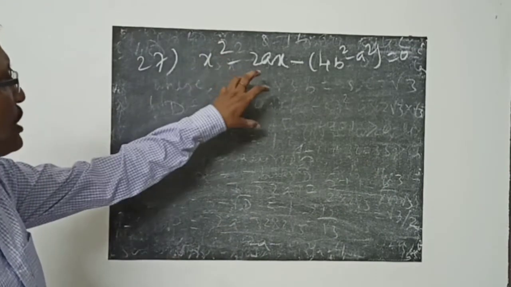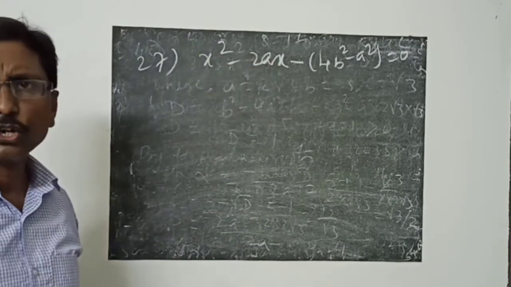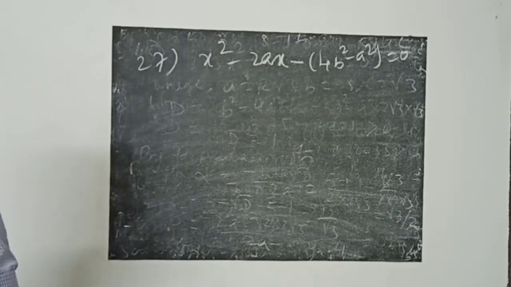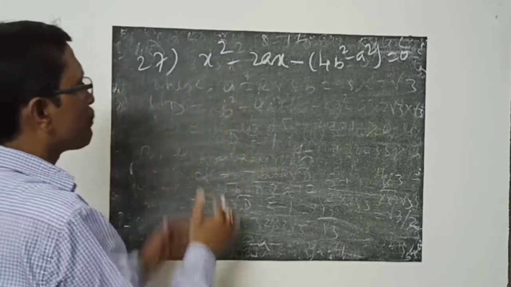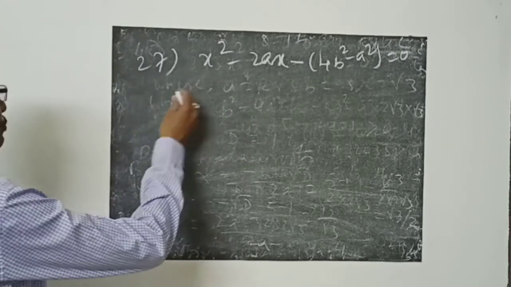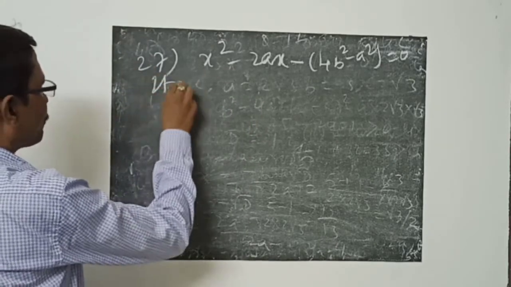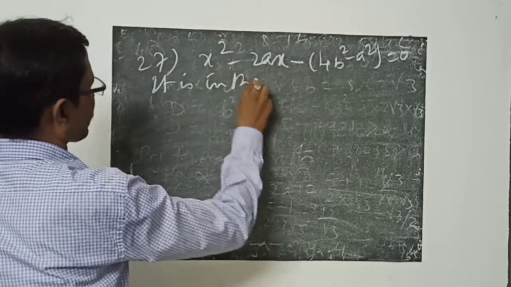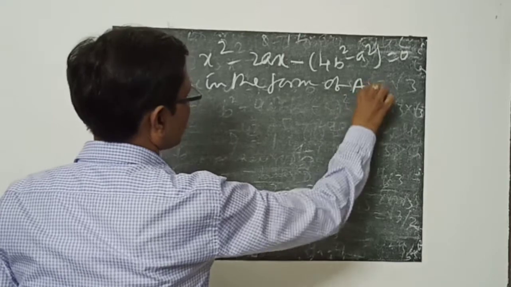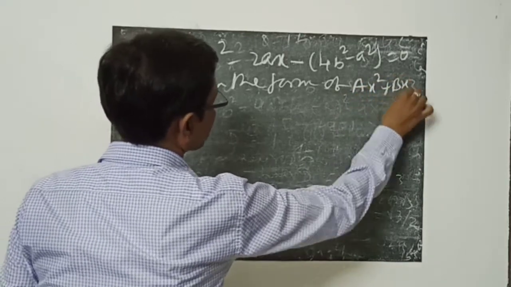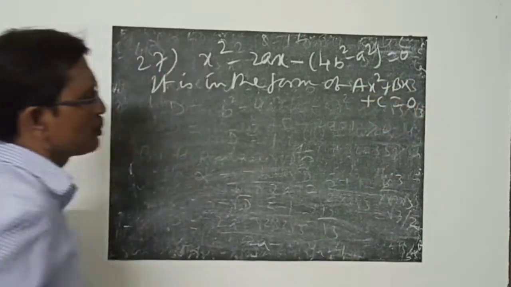So this given equation has the letters A, B, and the standard form also has A, B. So we will write the standard form in capital letters, so you are not confused between small a and capital A. So it is in the form of capital A x square plus capital B x plus capital C equal to 0.